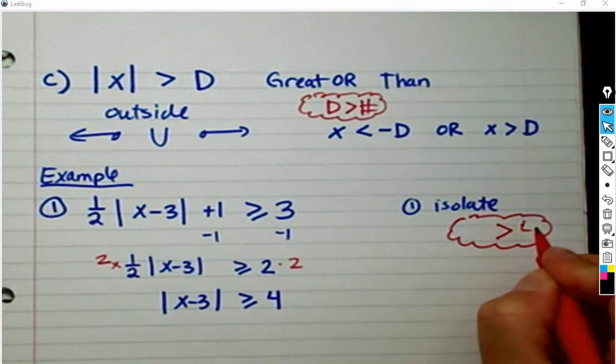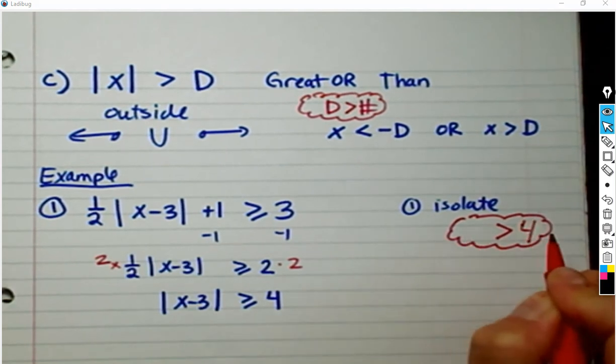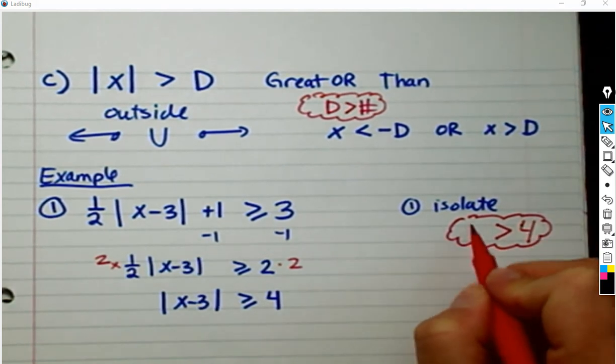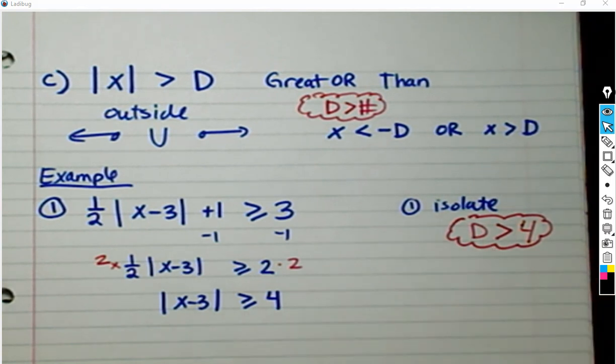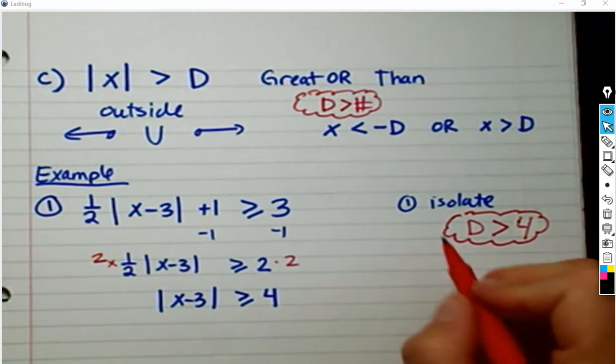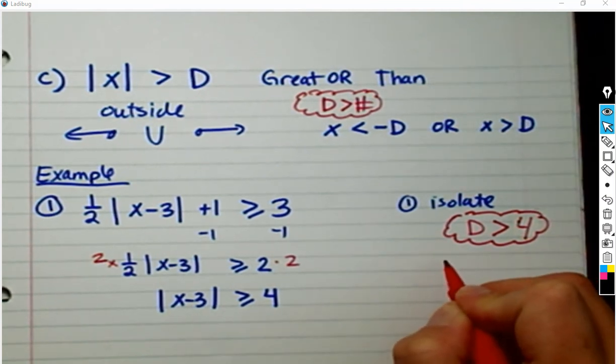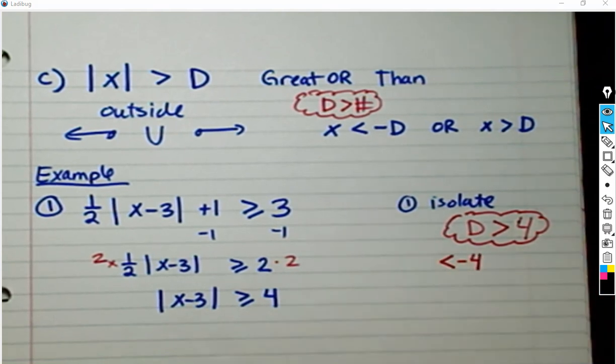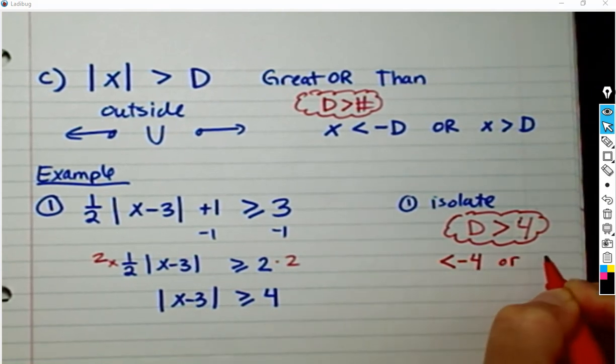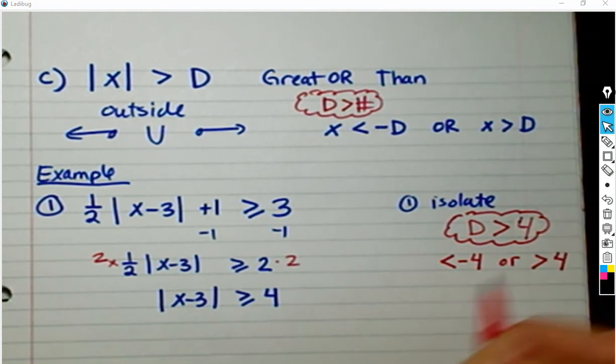There we go, I'll write it. Can the distance be more than 4? Yes, it can. All right, so what happens when distance is greater than 4? You have to go to the left of -4 or to the right of +4, right?